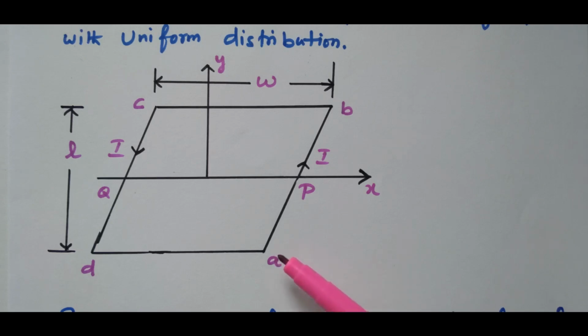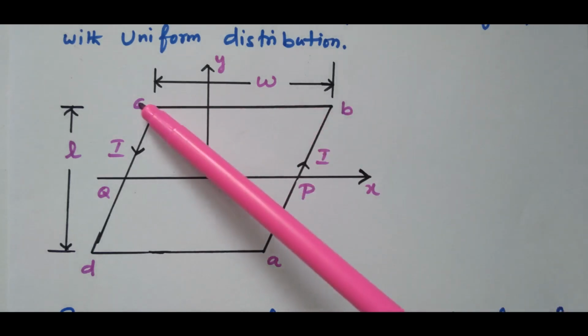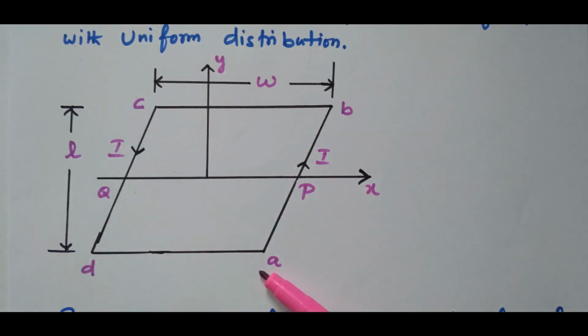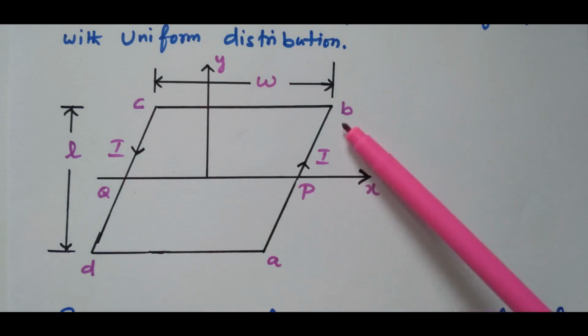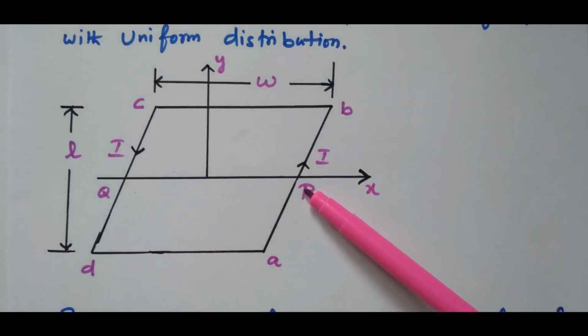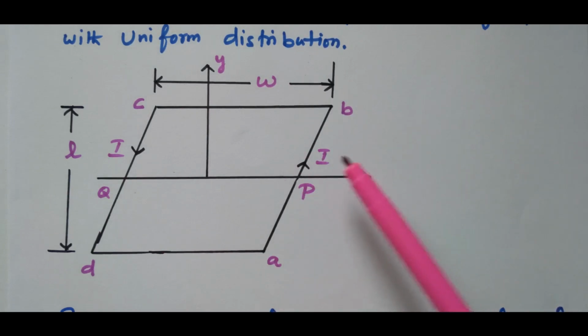So we have four conductors AB, BC, CD and DA. The length is L, width is W. The point P is located exactly at half of the length of the conductor. We know that the force on BC and DA is 0 due to the normal.